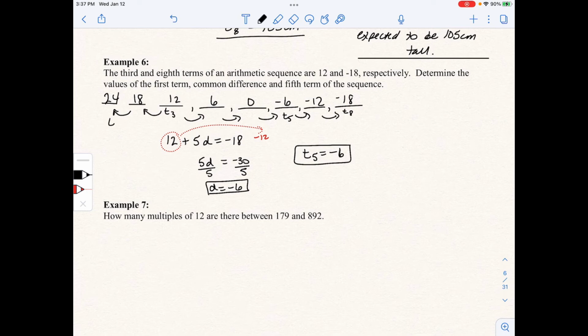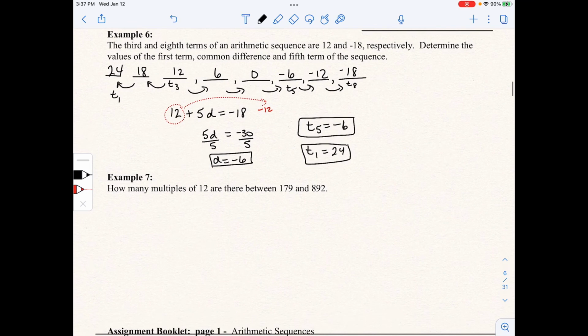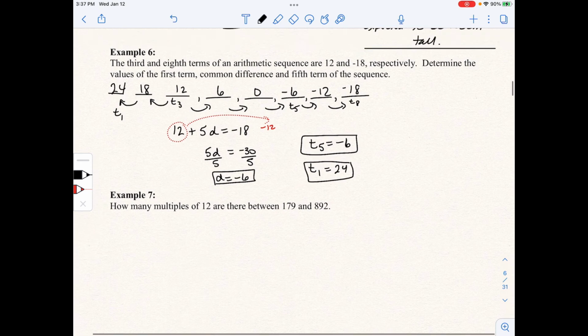So term 1 is 24. And we could have done that more sophisticatedly. We could have used the formula, but it was 2 terms away, so it seemed pretty easy just to add 6 twice. All right, make sure we answered all the questions. The first term, the common difference, and the fifth term.